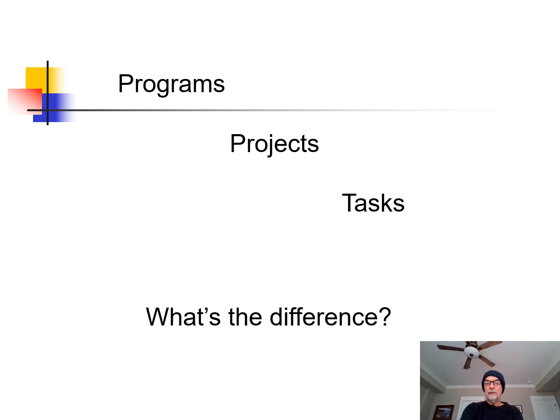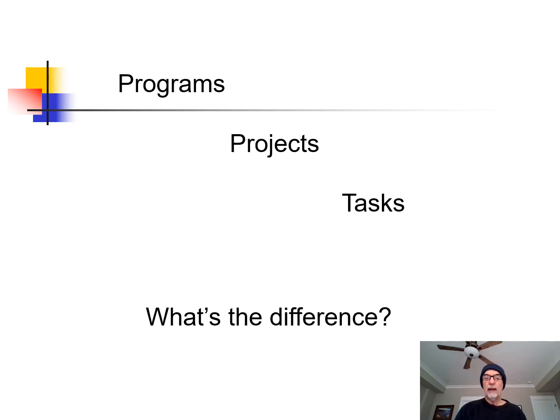Now, a lot of times people get confused about terminology. When I first started working, my boss would say, "Hey, Swaim, I have a task or I have a project for you." Well, it really turned out to be a task because I could do it in 1 hour and it wasn't really that complicated and I did it by myself. Then we have programs.